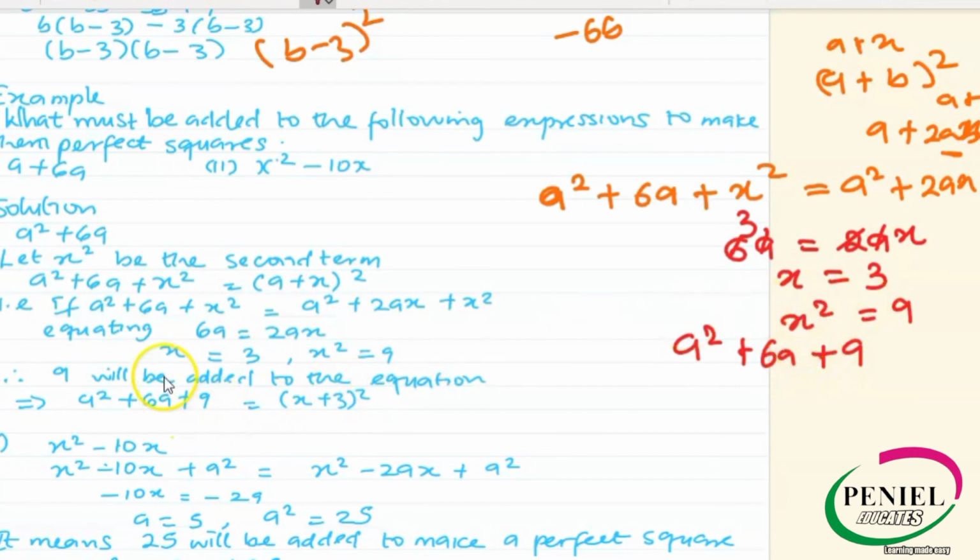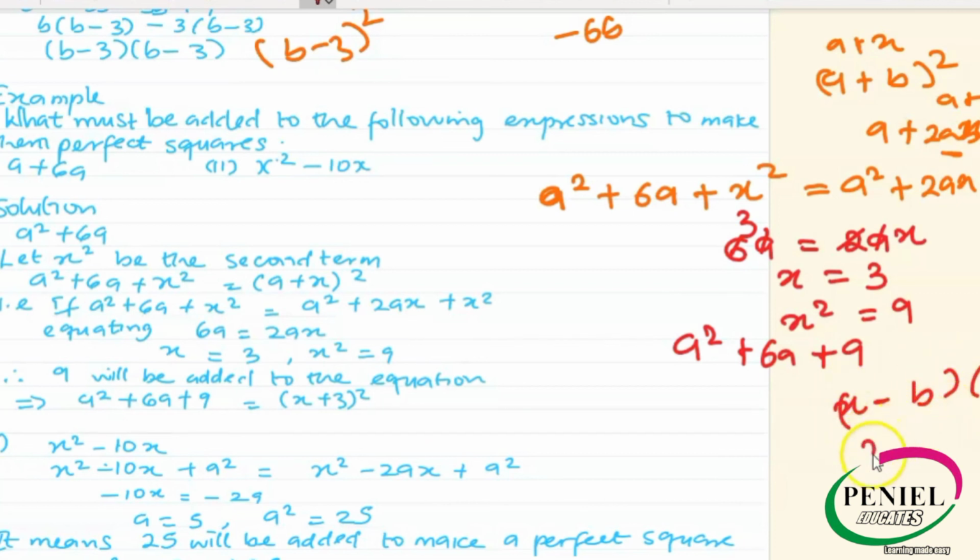Okay, so let us look at another one. We have x squared minus 10x. If you have x squared minus 10x, definitely what you have, don't forget, is going to be x minus something, maybe x minus b, times x minus b.